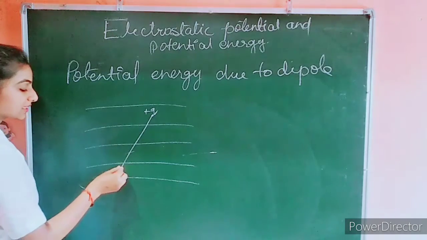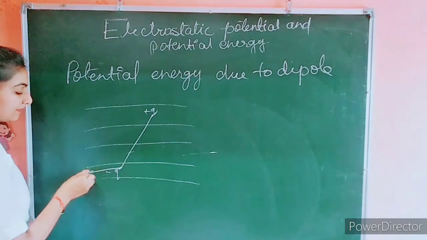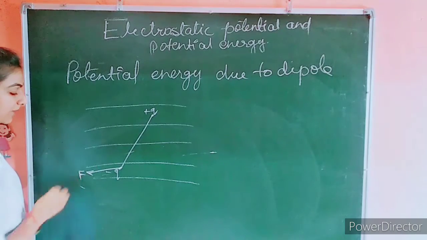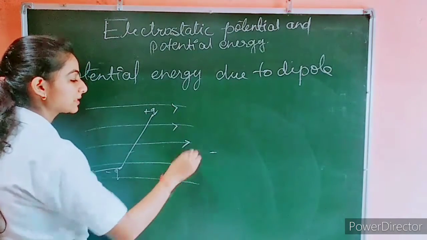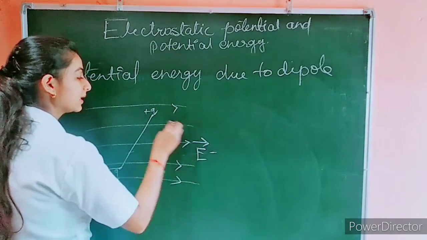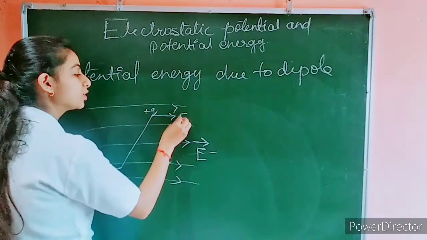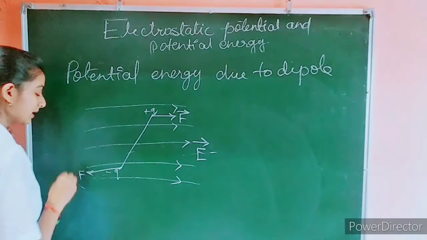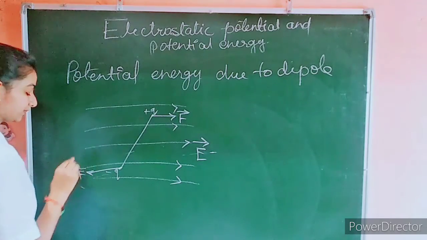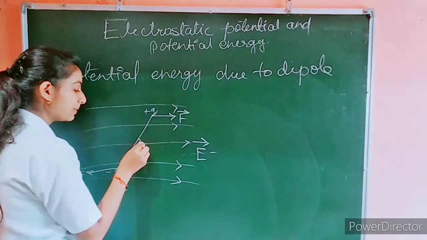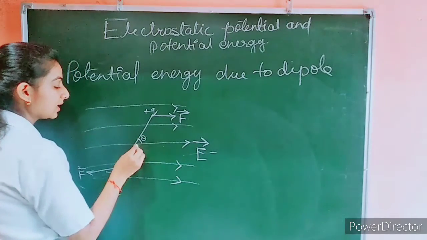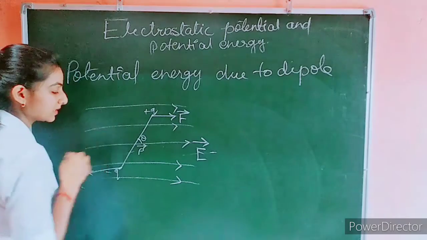The force applied on this will be in the direction of the field intensity. The force on plus Q and minus Q will be in opposite directions. Now this will be at an angle theta.